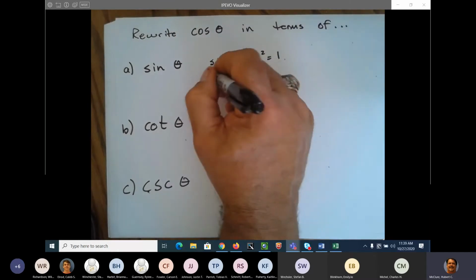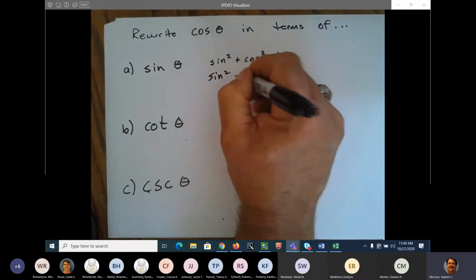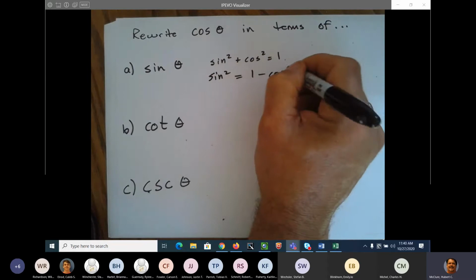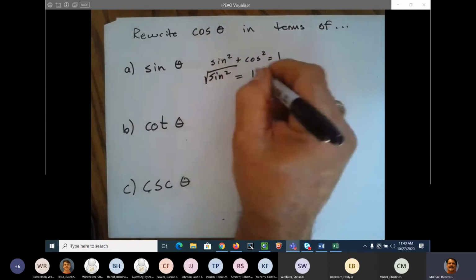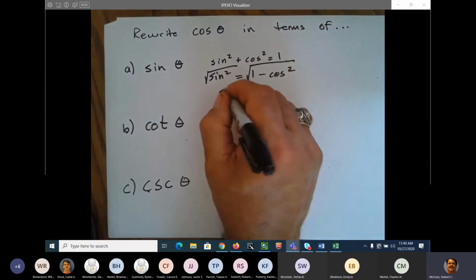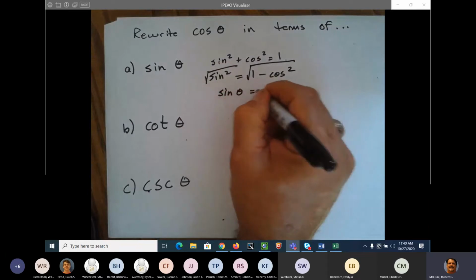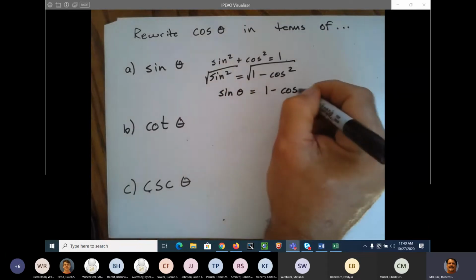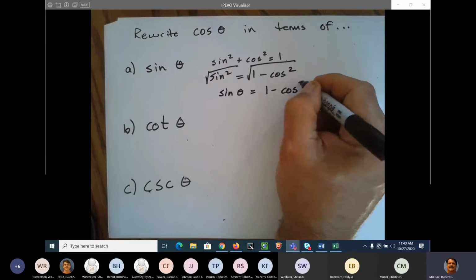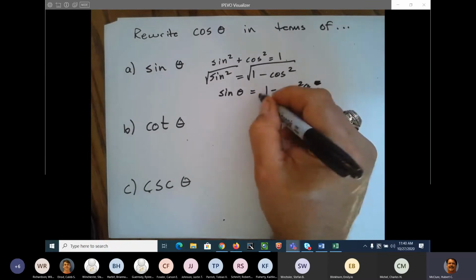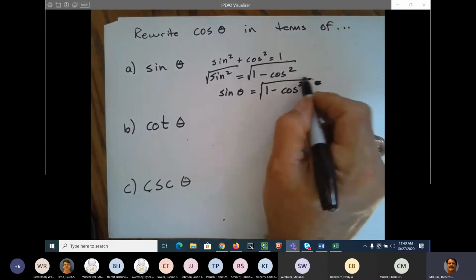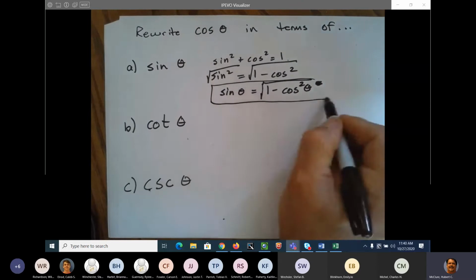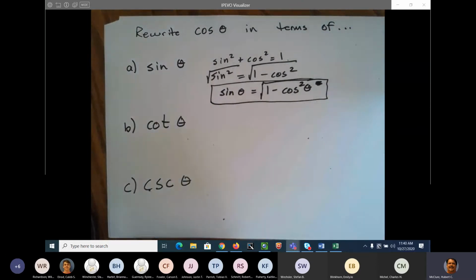Okay, so sine squared is equal to 1 minus cosine squared, square root, sine of theta is equal to the square root of 1 minus cosine squared of theta. Now that one's pretty simple. I'm going to go down to cosecant because it's pretty simple.